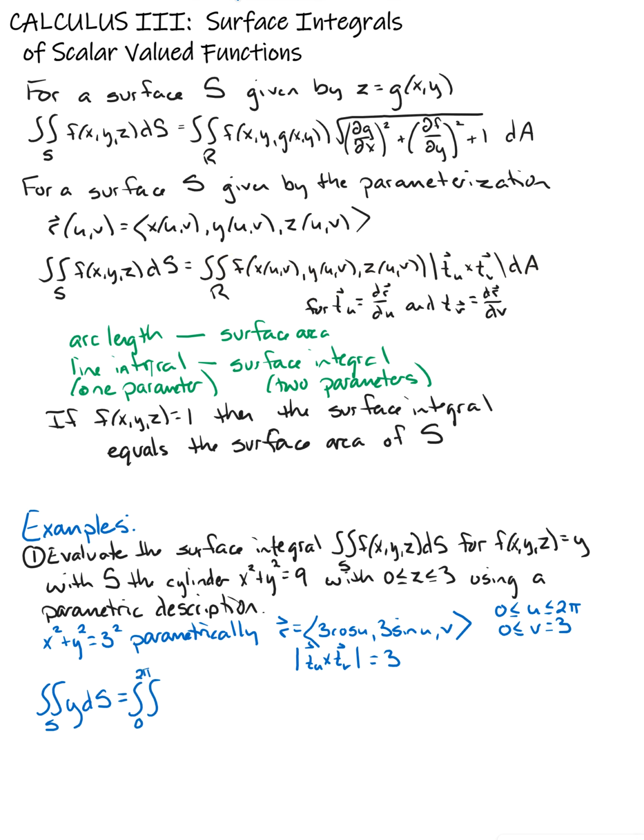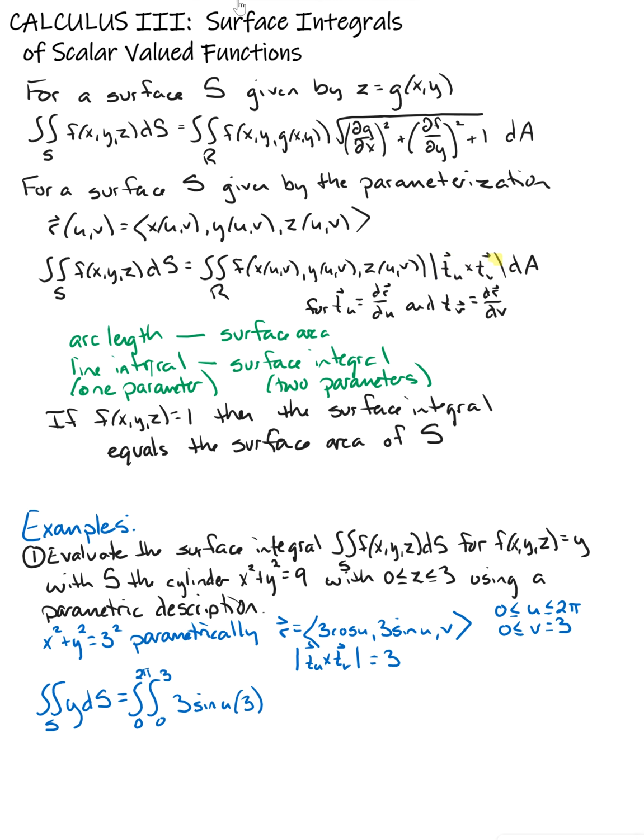And then the height of it goes from 0 to 3. And we're integrating just y. The y value here is 3 sine of u. Again, remember x, y, and z are all functions of u and v. And then again, remember we have to include the magnitude of that cross product. So that's 3.